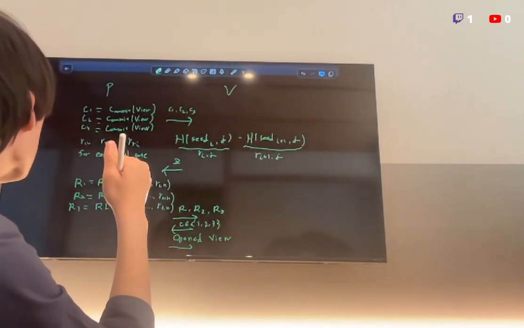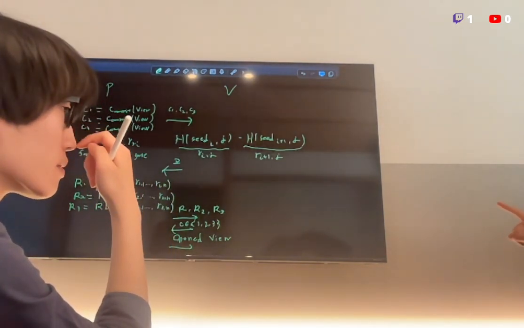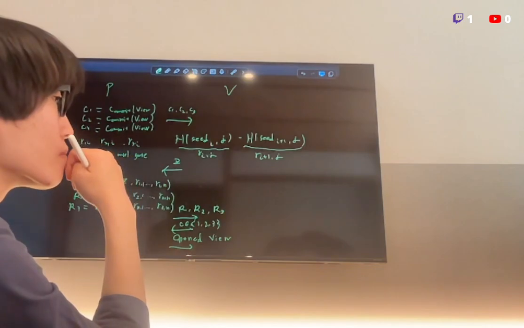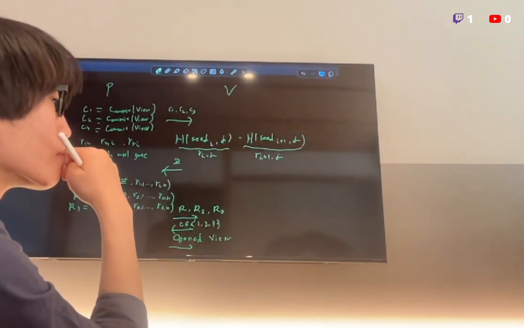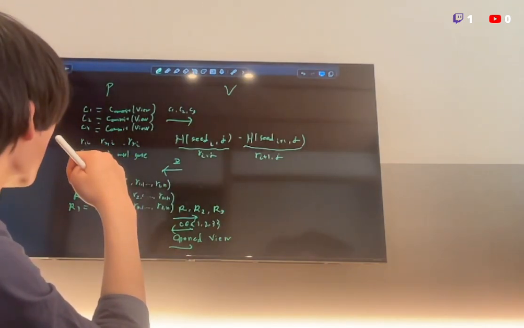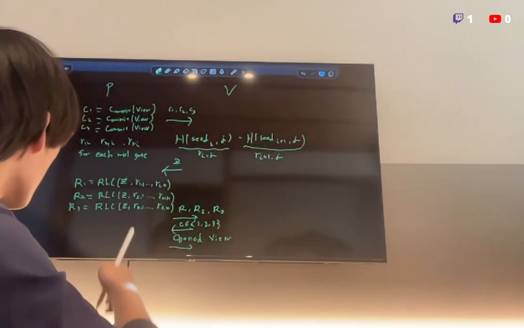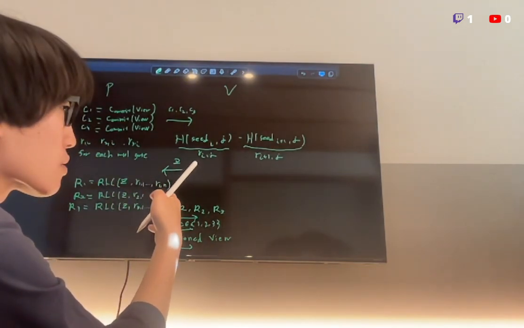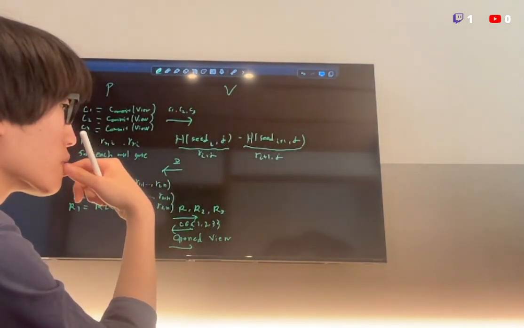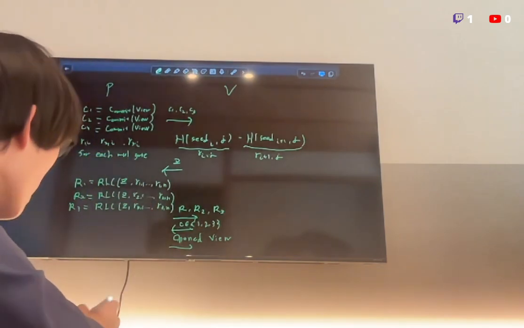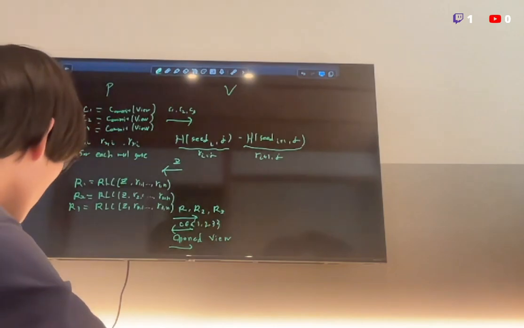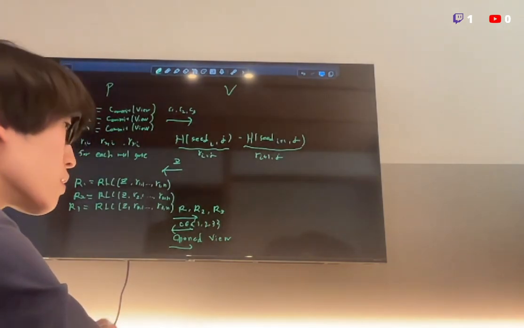For that computation, and then instead of the verifier running the SHA-2 themselves, they send a random value Z. The prover calculates a random linear combination with Z. Oh, sorry.